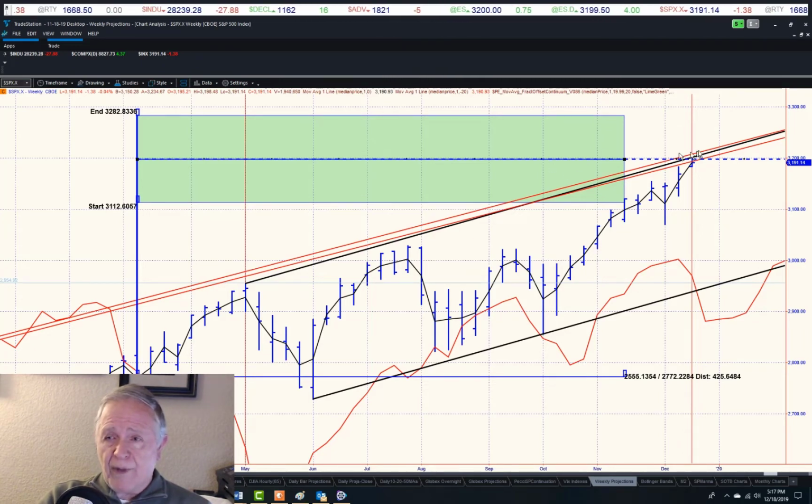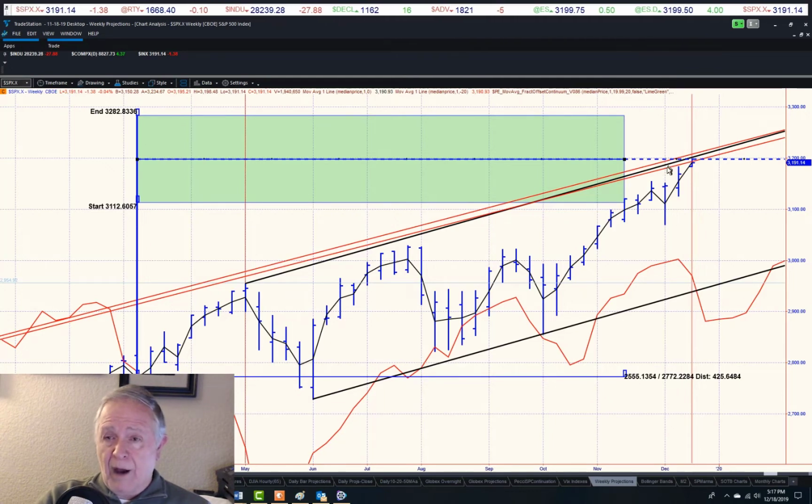We came up with that number, and I believe that was 3197 and change. So you can see that right in this area between 3195, 3200, a couple of points above that, is where the market could very well find some stiff resistance.